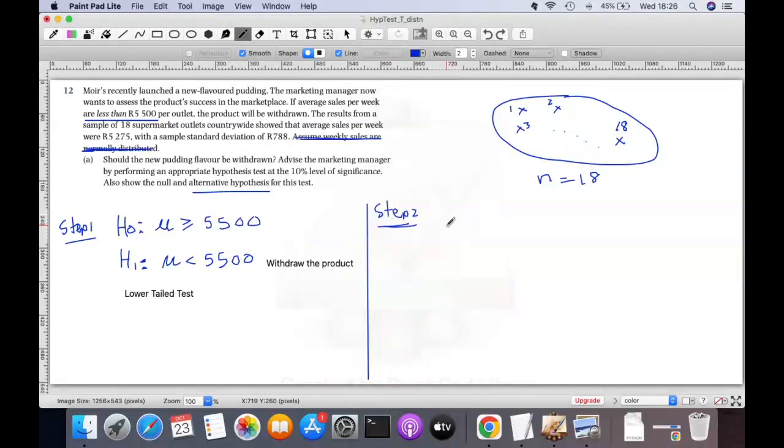Step 2 is to find the rejection region. This is where you have to determine whether it's a t-distribution or a normal distribution. When it's a normal distribution, we use the Z table. When it's a t-distribution, we use the t table, and I'll show you where that is in your textbook. So how do we know which one we're going to use?